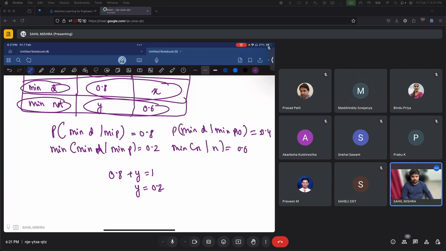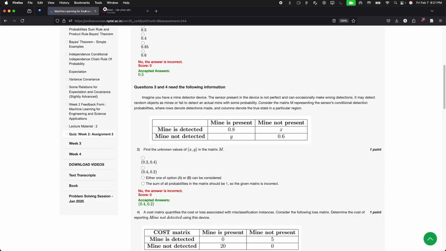Yes. They will actually not be false positives. You have to find sort of true negative sort of thing. So say you find a mine is not detected, okay?